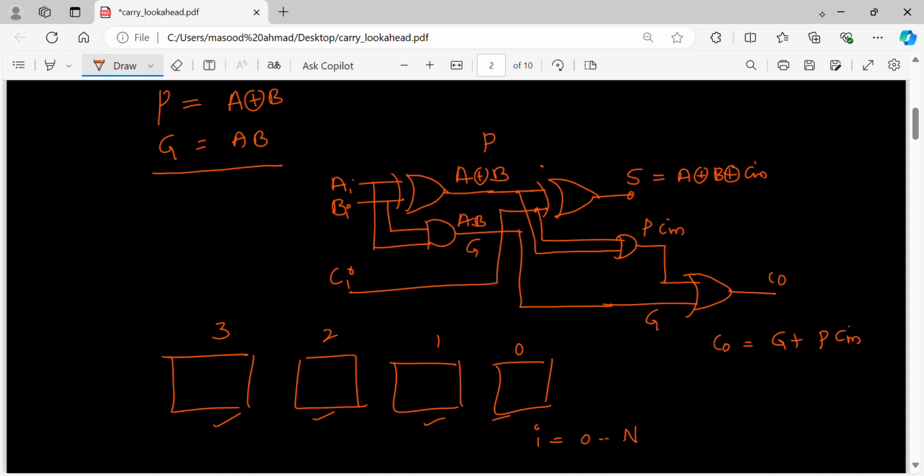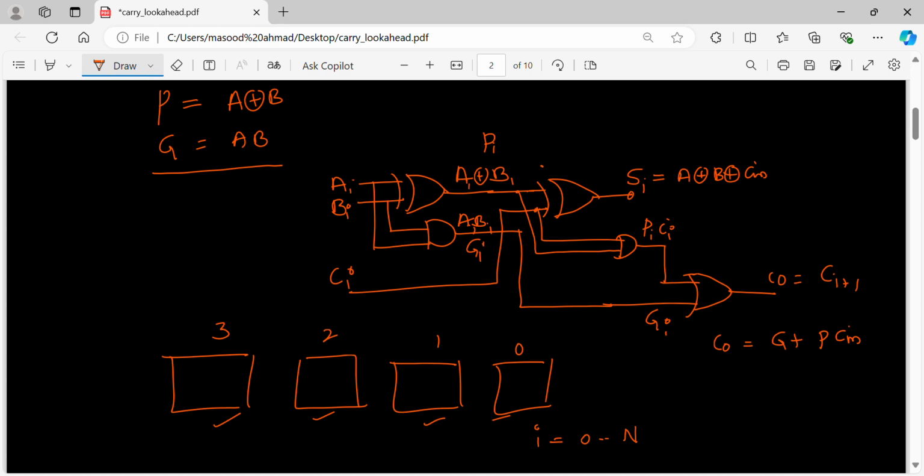This is Ai, Bi, Ai XOR Bi, this is Pi. This is your sum at stage i. This is carry out, which becomes Ci plus 1. This is Pi. We are just generalizing: what I have written for one full adder, I am converting into any full adder of interest. This will be Gi.